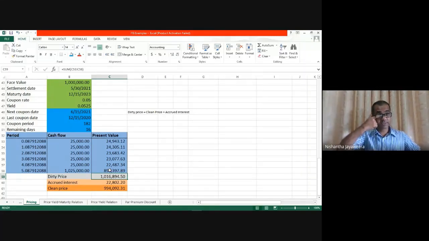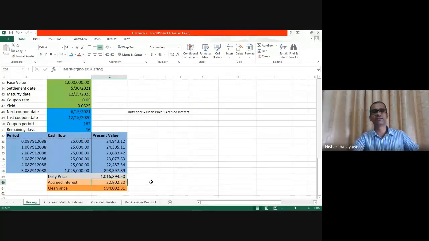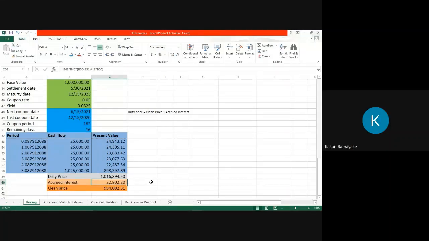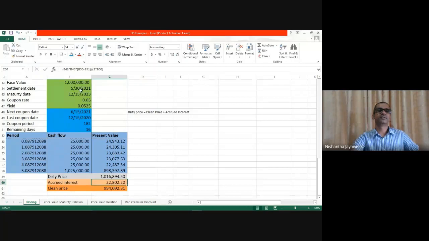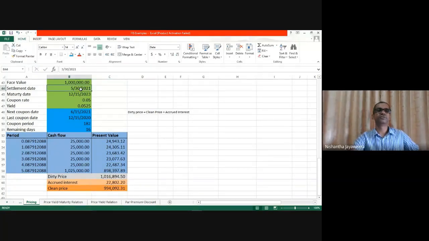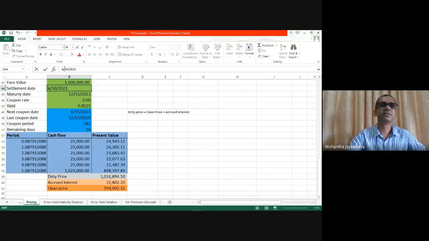But if you get it on a coupon date, then something is wrong in your calculation. If the settlement date is on a coupon date, what would be the accrued interest? That is 25,000? Accrued interest on a coupon date? Zero. Zero. Zero. So let me show you. Shall I change this to 6th, 15?